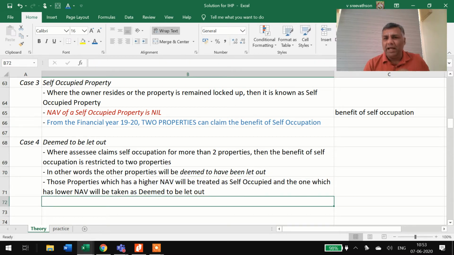Normally, the mentality will be to pay lesser tax. So if there are 3 properties, I will compute the NAV of all 3. Whichever property's NAV is higher, I will say it is self-occupied, so that the third property, which has a lower NAV, will be deemed to have been let out.